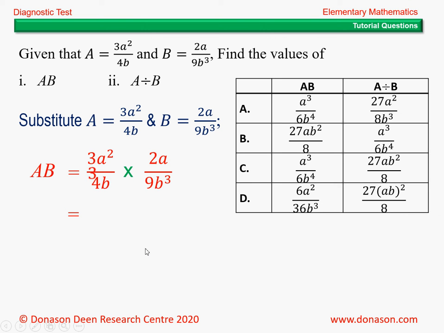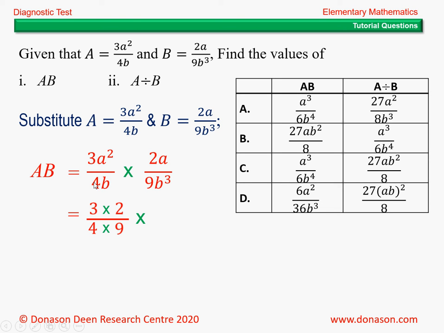Now the next step, we're going to arrange all the numbers together. Since it's a multiplication, 3 times 2, because the 3 and the 2 were both on the numerator side, so I put them together on the numerator. The 4 and the 9 are on the denominator, so I got 4 times 9.